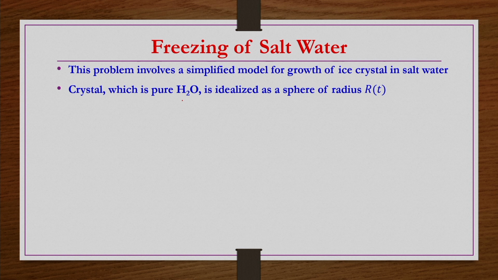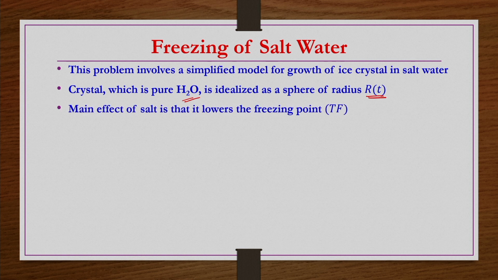Crystal which is pure H2O is idealized as a sphere of radius capital R, a function of time t. That means it is increasing as growth of crystal is taking place. The main effect of salt is that it lowers the freezing point. Whatever freezing point T suffix F is there would be lowered if you do this crystallization in salt water rather than in pure water.